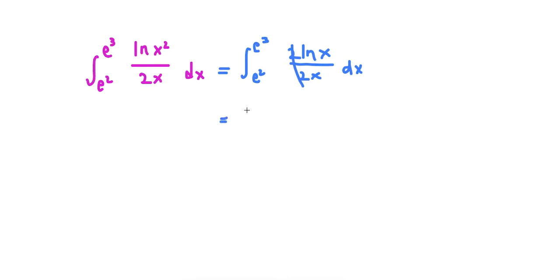So I'm just going to rewrite the integral from e squared to e cubed. We have ln of x now just over x dx. So now we're going to use U-substitution.